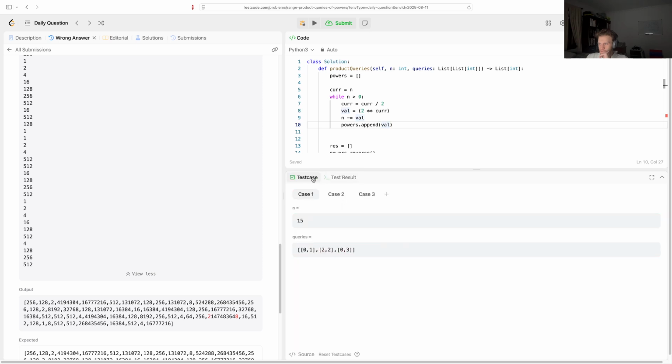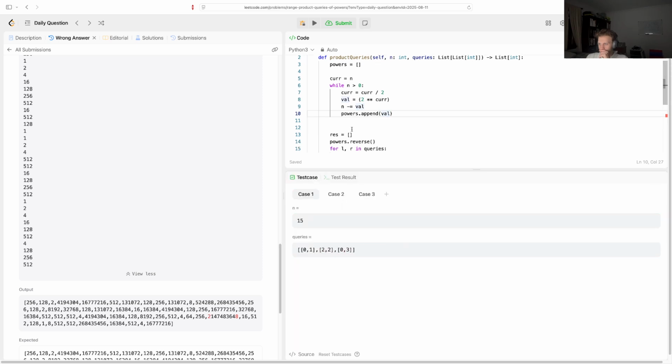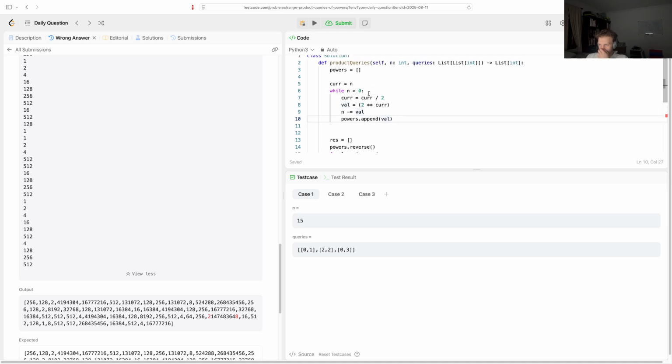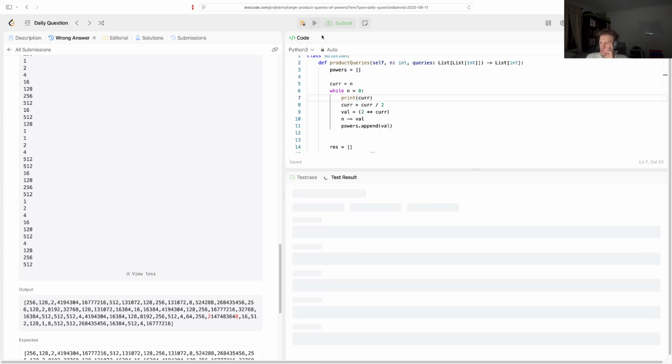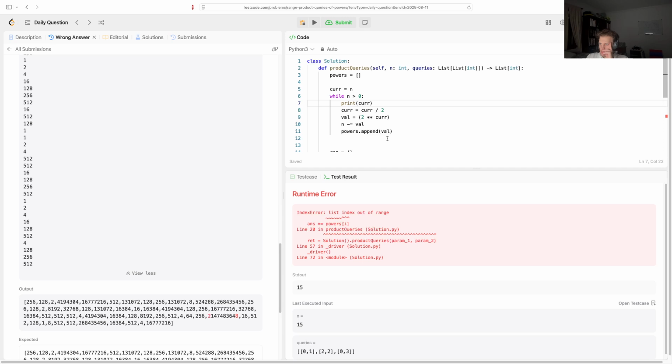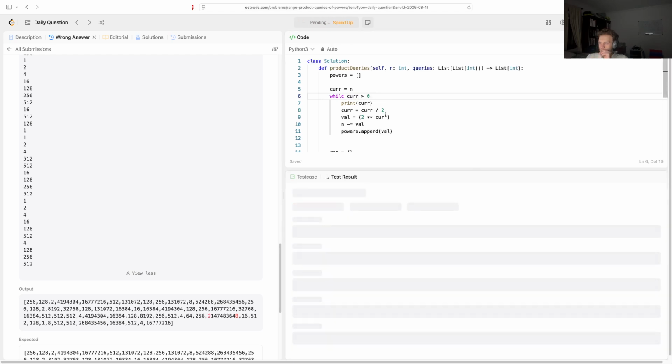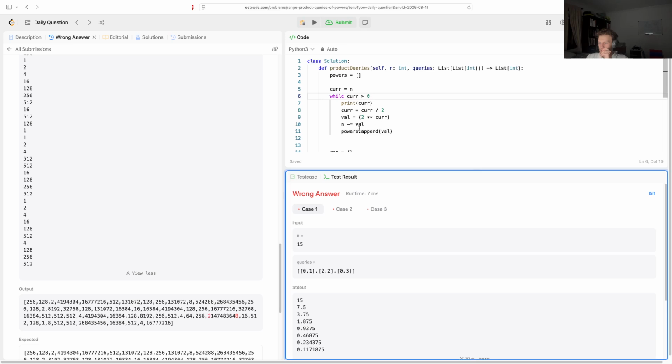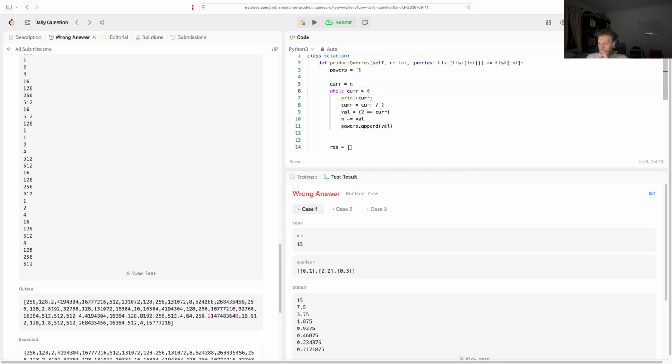What's up here? Are we getting cycled in there? No. Oh, wait. Well, cur is greater than zero. Wait, we had to fix this. Okay.